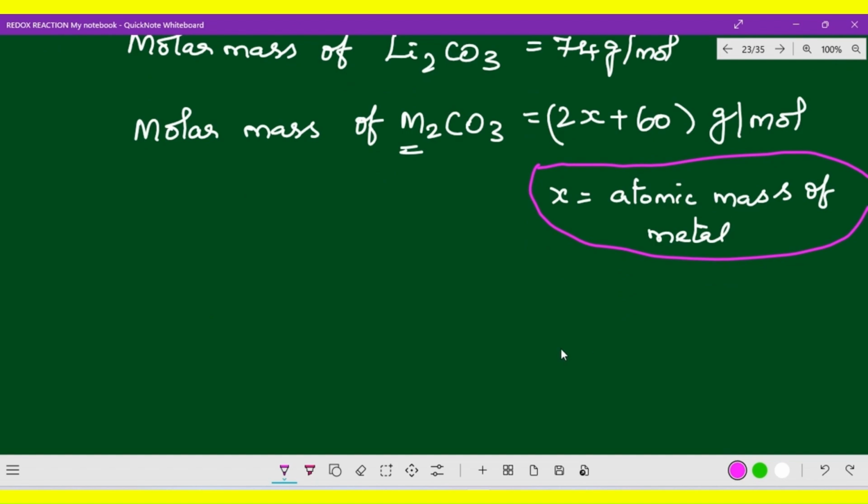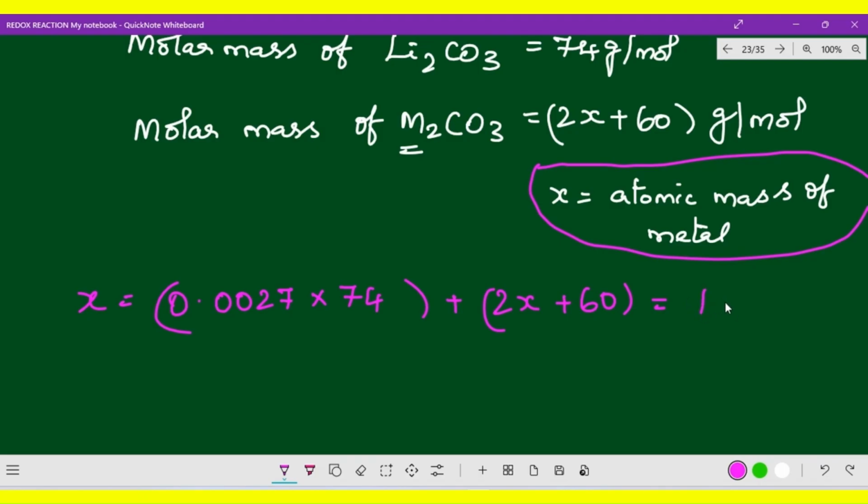Okay, now let us identify that. So 0.0027, the number of moles of carbonate, into 74, the molar mass of lithium carbonate, plus 2X plus 60, equals 1 gram.